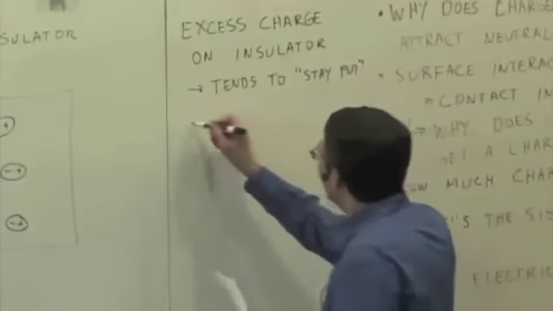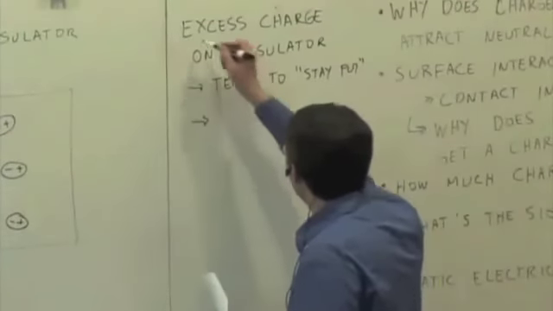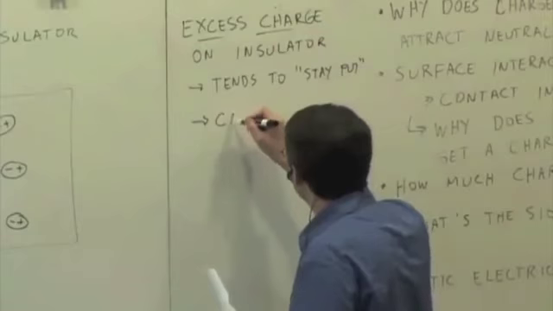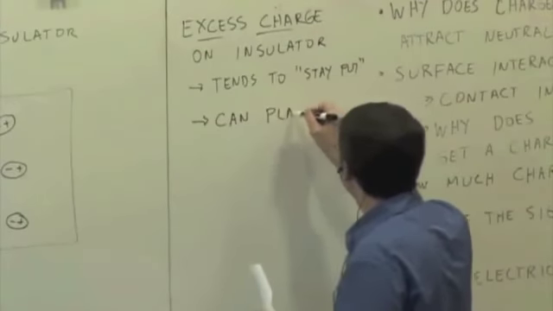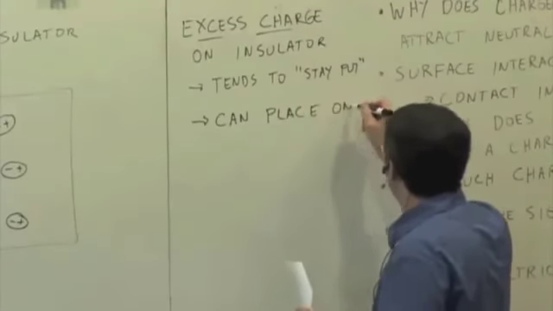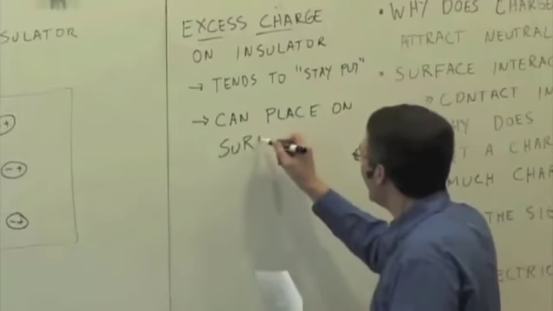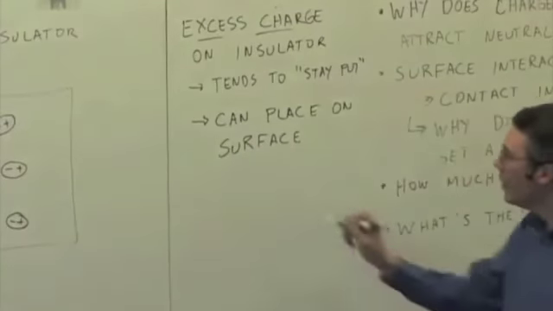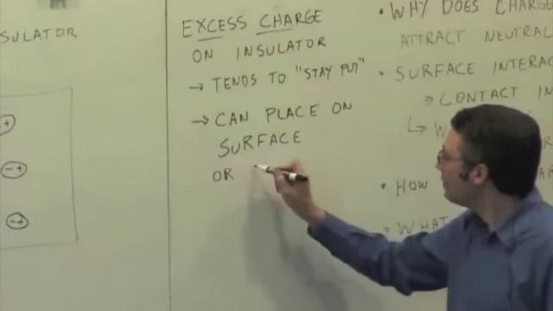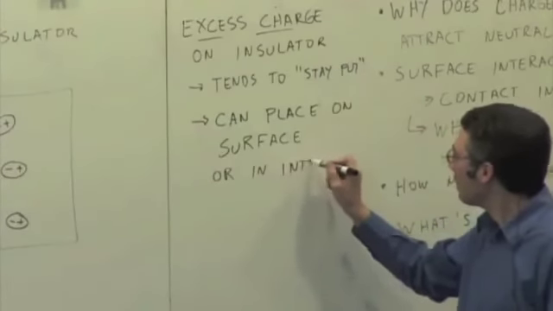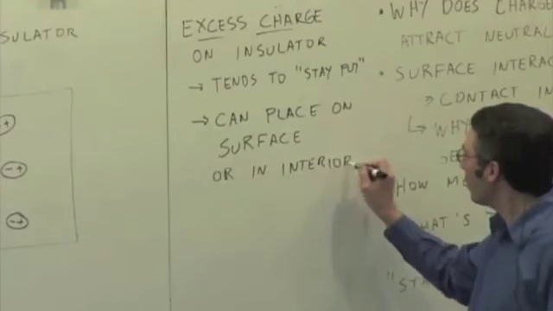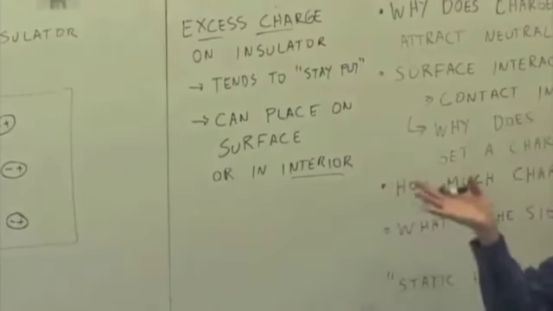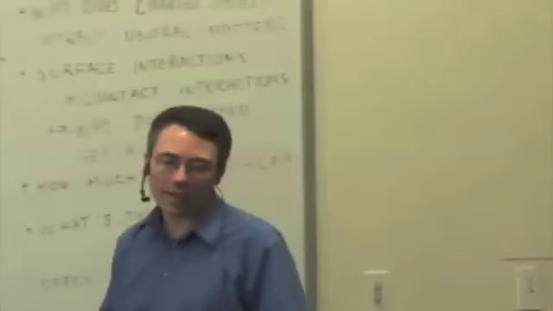You can place excess charge on the surface, which is easiest to do with these surface interactions, or in the interior. Now, it's kind of difficult in practice to place excess charge in the interior of an insulator.